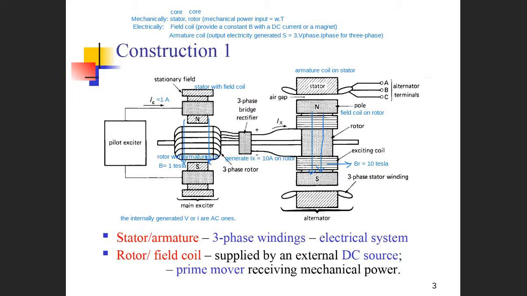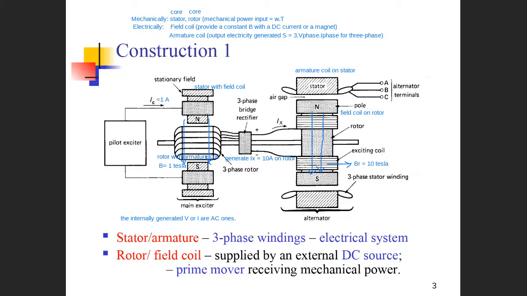So anyway, for generators, first, we need an external small DC current to generate a constant magnetic field. Second, we need movable rotors to receive mechanical power. These two are the necessary inputs.